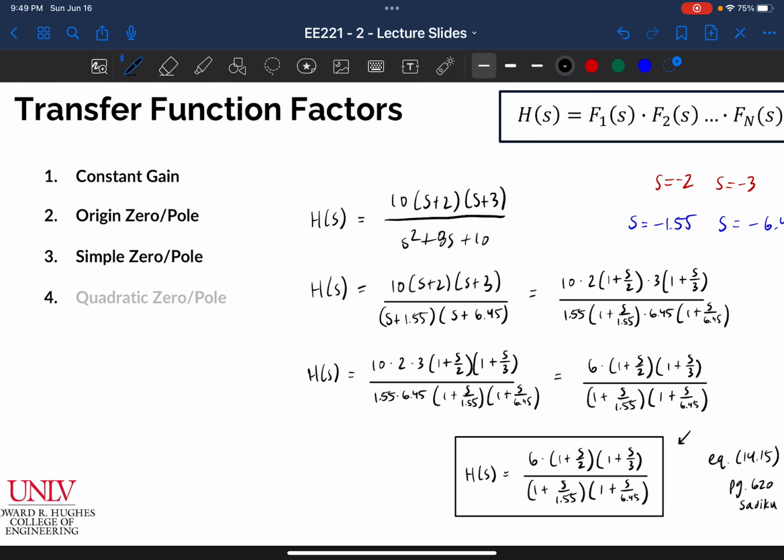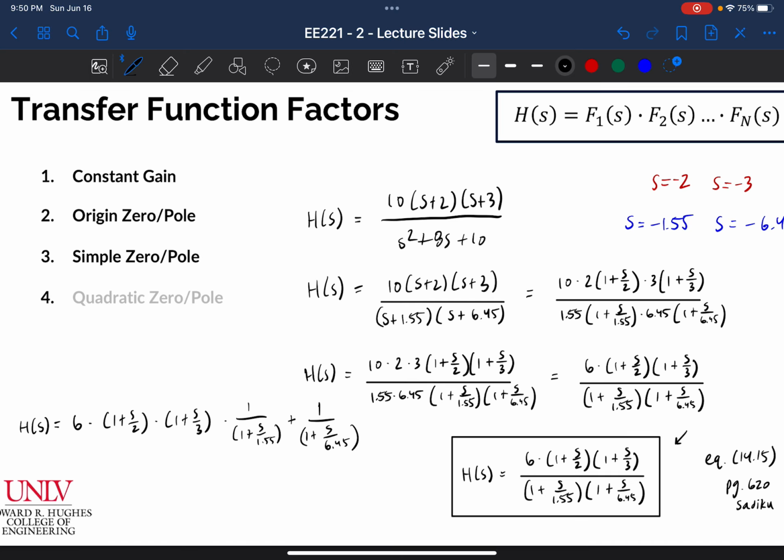Let me write it out again here in a different way. I can write this as 6 times 1 plus s over 2 times 1 plus s over 3 times 1 over 1 plus s over 1.55 times 1 over 1 plus s over 6.45, right?